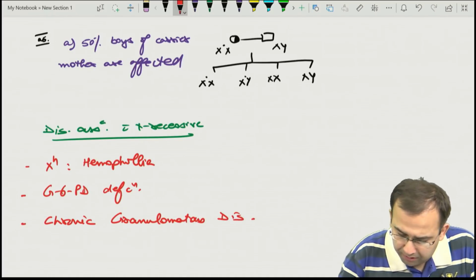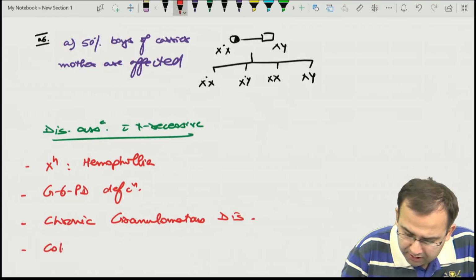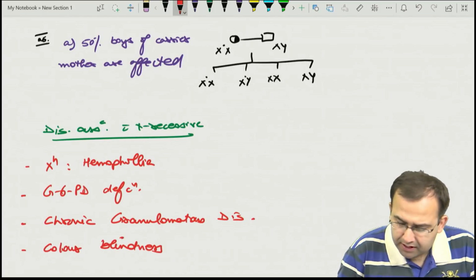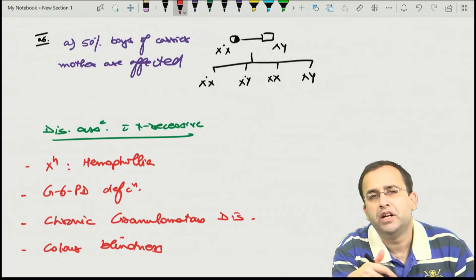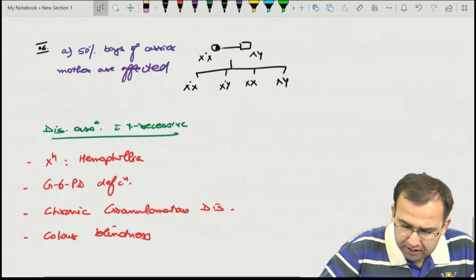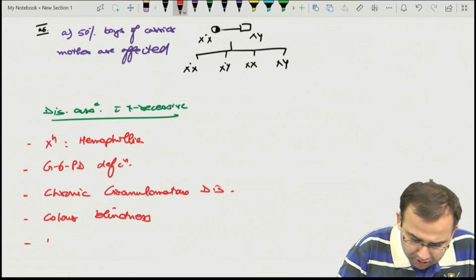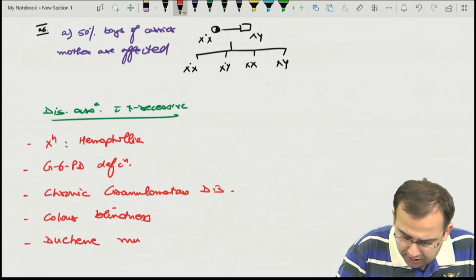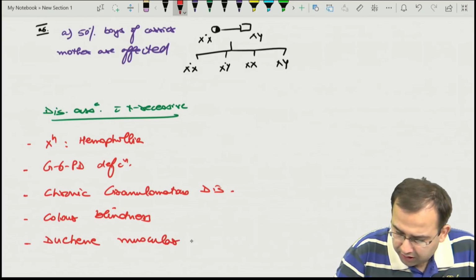Next, color blindness. Easy to remember: we guys are colorblind in nature. Red, yellow, green, blue. Next, Duchenne's muscular dystrophy.